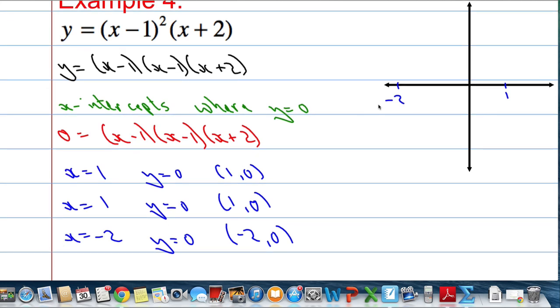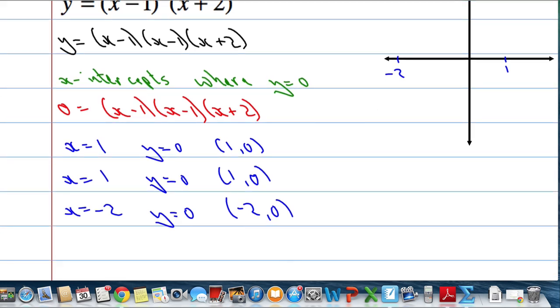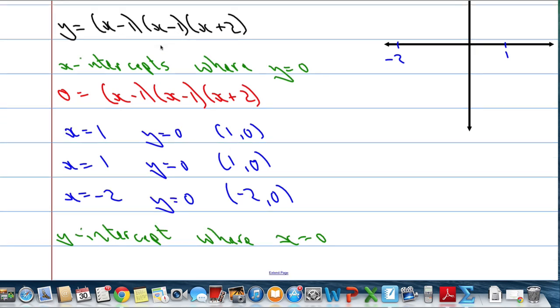And let's go for the y-intercept. The y-intercept is where x equals 0. So let's plug it in so that we can see what's going on when x equals 0.